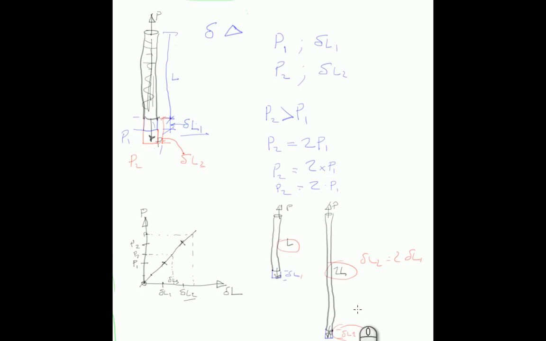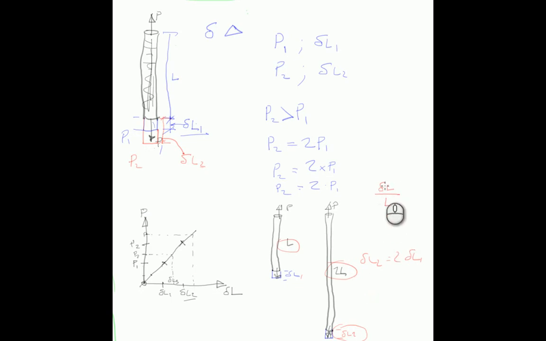But if we now take a property of this system that we've got here, whereby we say, well, instead of being interested in the change of length, delta L, I'm going to be interested in the change of length as a fraction of the overall length.